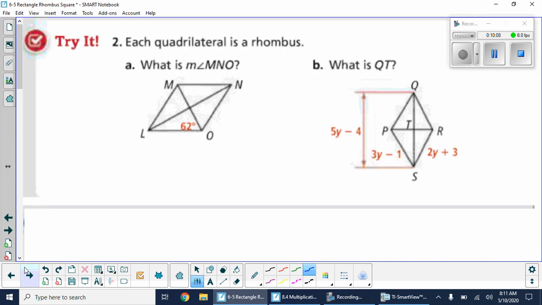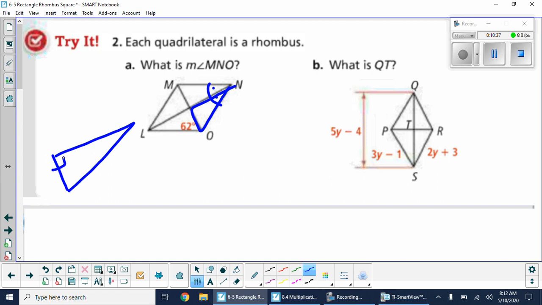Okay, a couple more here. We're going to skip through this a little bit, but let's finish this one off. It says, once again, we have another rhombus. In part A, it says, what is the measure of angle MNO? Now, that's this whole thing. Follow all the letters. Well, we know these two angles are equal. So if we know those two angles are equal, all we need to do is figure out that one. And if we have a triangle, I'm going to draw the little triangle bigger.